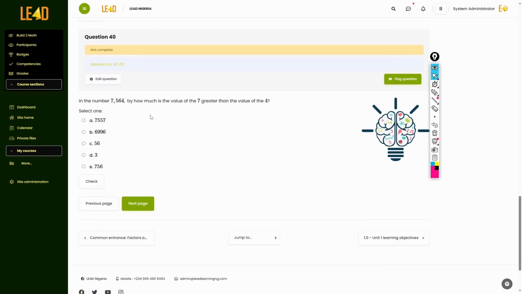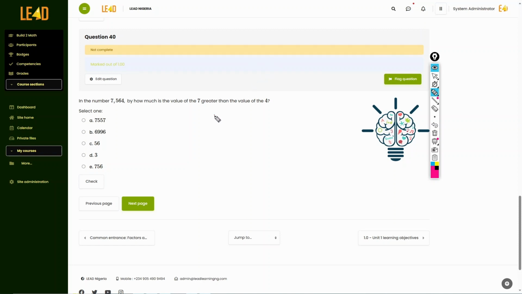Okay, for 40, in the number 7564, by how much is the value of 7 greater than the value of 4? So the way you get the value of a digit is you turn every other digit to 0 so that you can isolate the value of that digit.